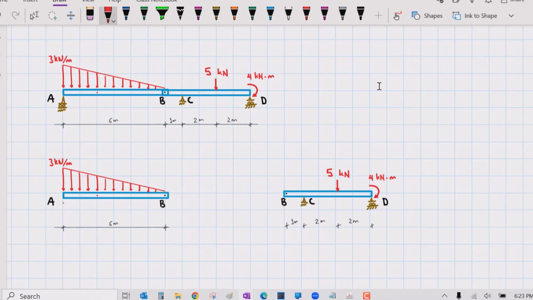So now we put the reactions. Reaction at A. Reactions at C. And reaction at D.